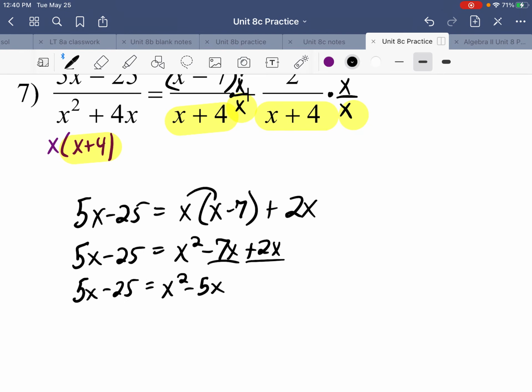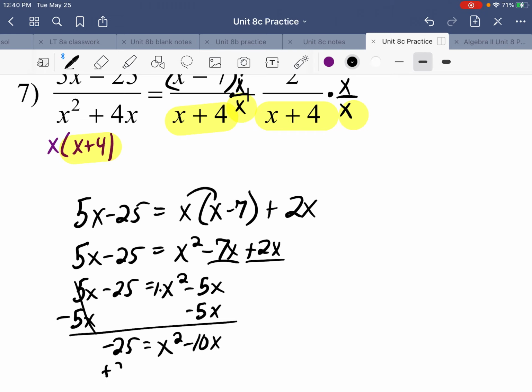Gathering some like terms. Negative 7x plus 2x is negative 5x. I see a quadratic, so I'm going to want to get everything to one side, and I see more than one term that has a variable, I should say.